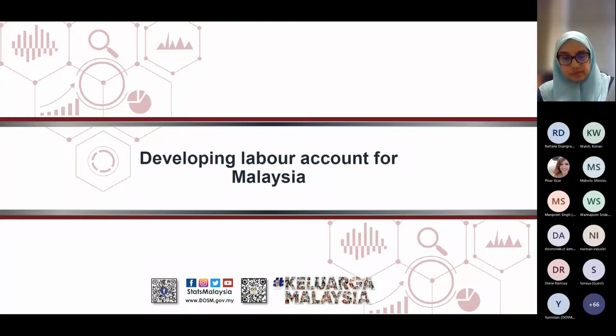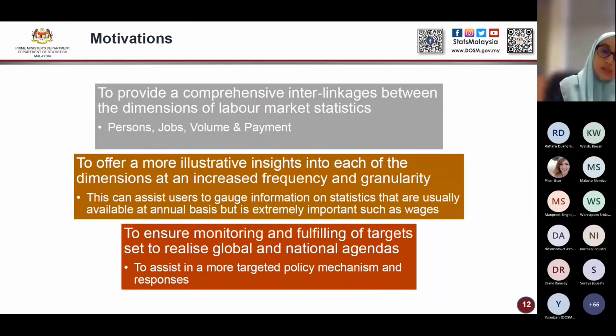Okay, so now I would like to share some of the motivations, or as Kieran put it, what problems we are trying to solve by developing a labor account for Malaysia.